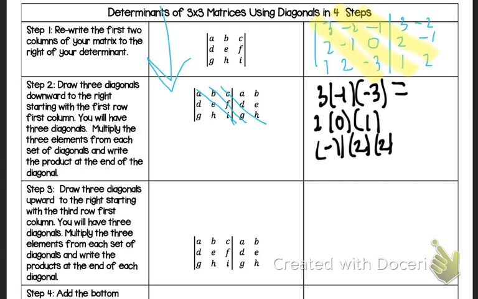So that gives us positive 9 here, 0 here, negative 4 there. Okay, and then we go upwards now. So now we're going this way, and these are going to be the ones we subtract out.